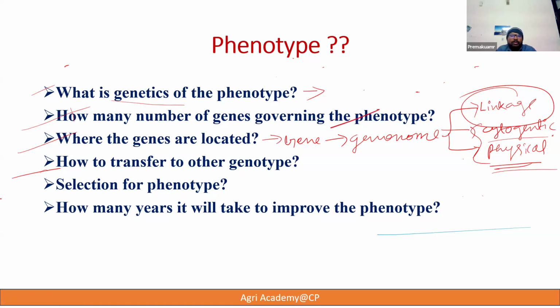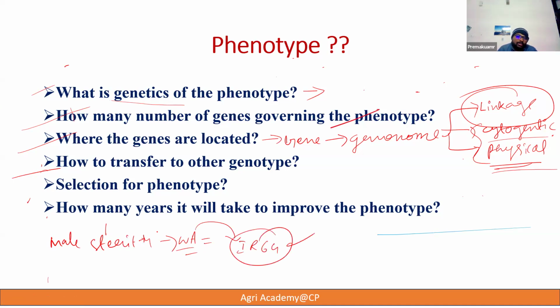For example, you identified a male sterility gene in wild abortive genotype, but you want to transfer it into IR64, because we don't need all the characters of the wild genotype.